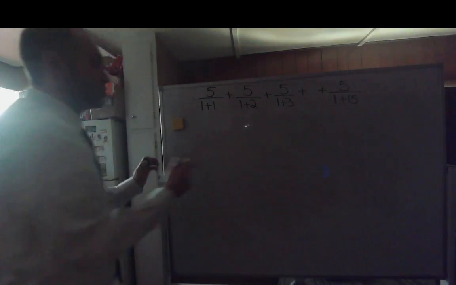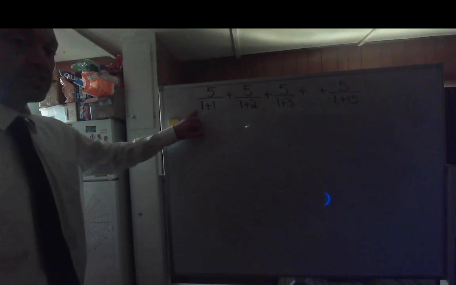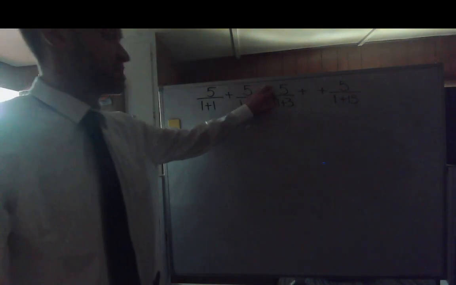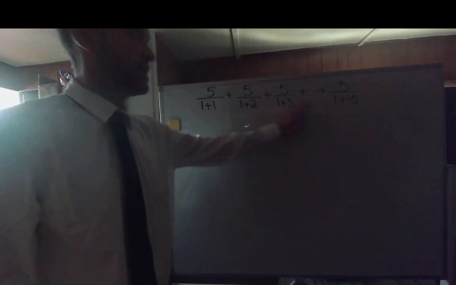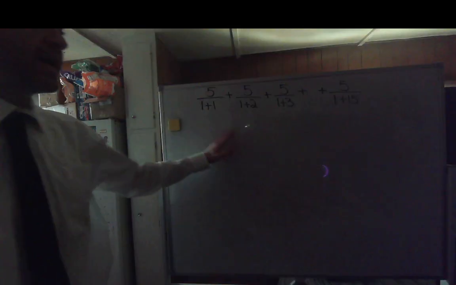So it skips all the way to 5 over 1 plus 15. So it actually stops at 5 over 1 plus 15.